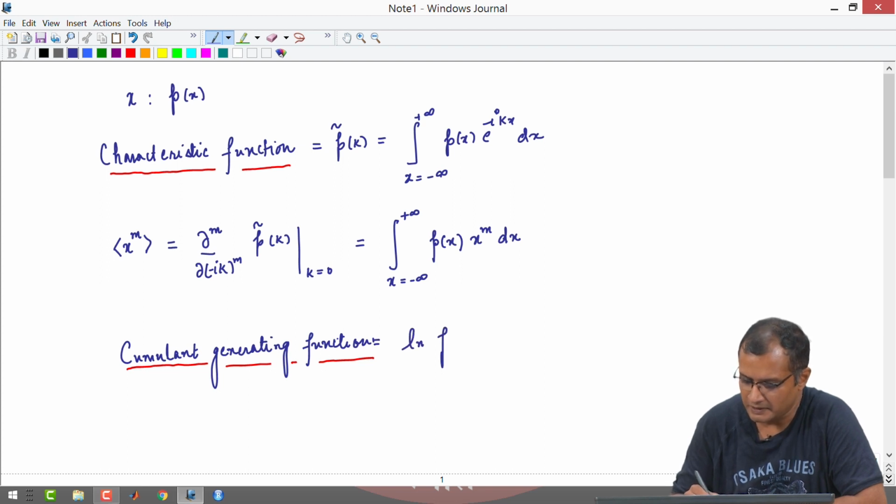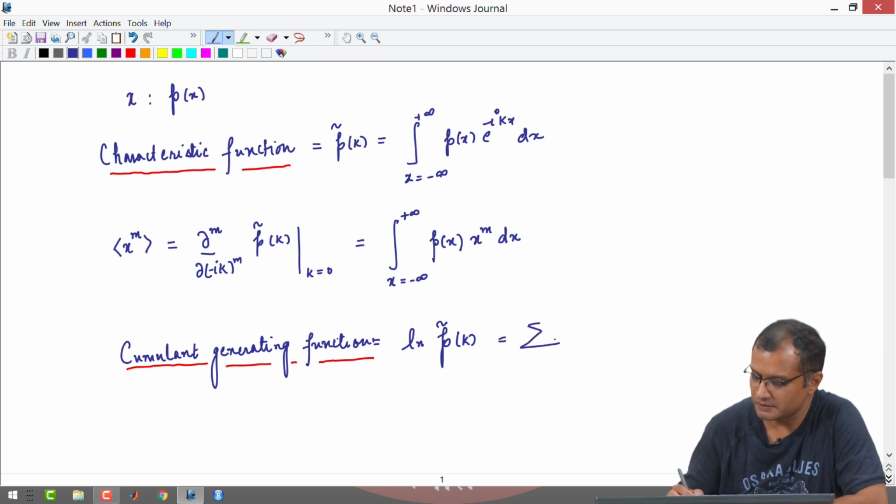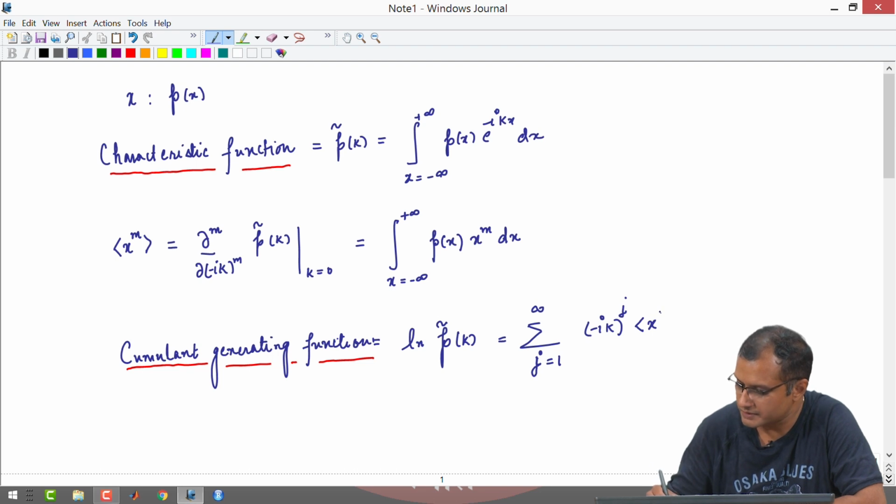the logarithm of the characteristic function, and if you expand ln p of k, the expansion starts from j equals 1 to infinity, minus i k to the power j, jth cumulant over j factorial.